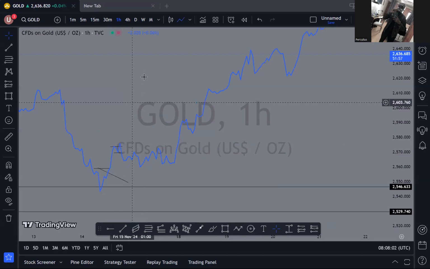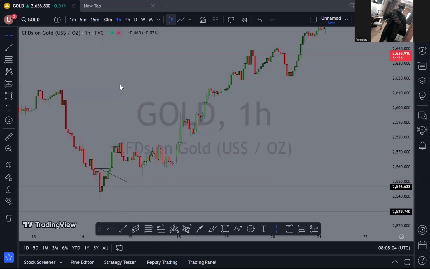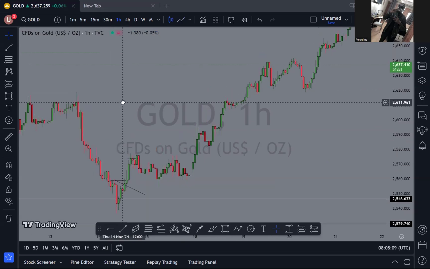And from what I said, any structure that is below it, you might consider a buy. Or if you are nervous or your capital is too small, you might wait for a change of character to happen. And so as you can see, the last structure was this. This is the last structure.